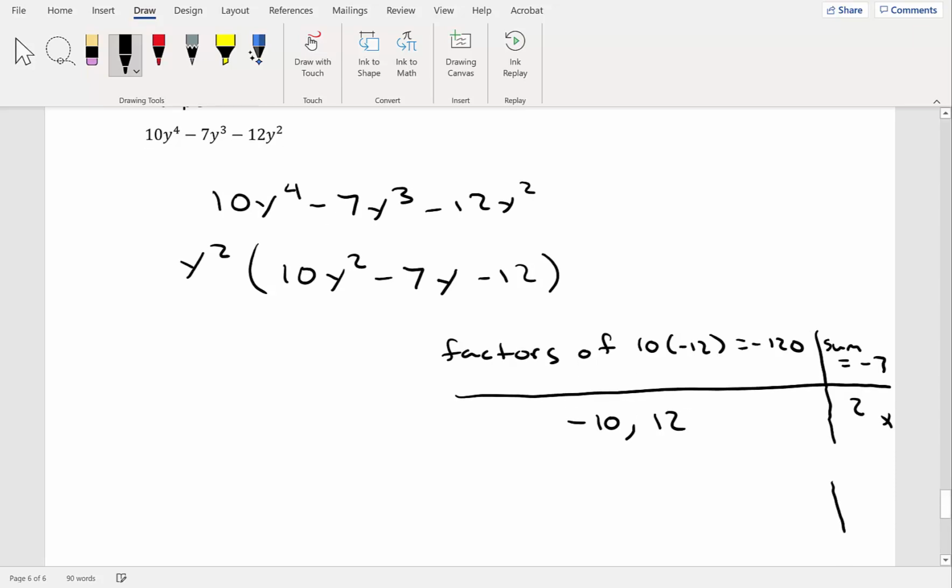Okay, so let's try some other numbers that multiply to give us negative 120. We can use negative 2 and 60. But this is going to give me a positive 38, which does not work out. So this one's a little bit more difficult to try to think of the factors.